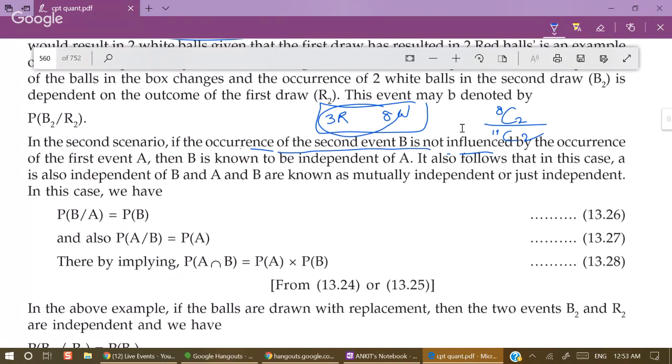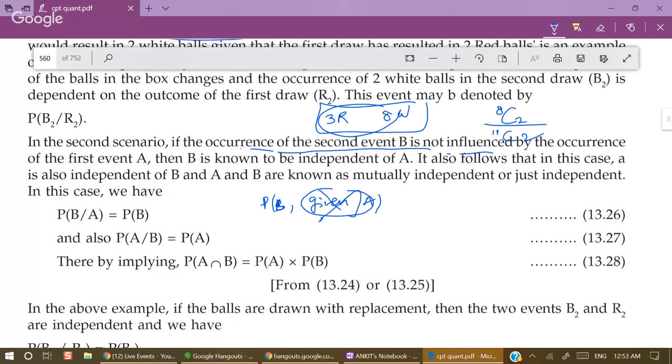In case of independent events, we say P(B given A) is not affected at all, because we have to find the probability of B with the condition that A is given. If these two are independent, they are not connected.